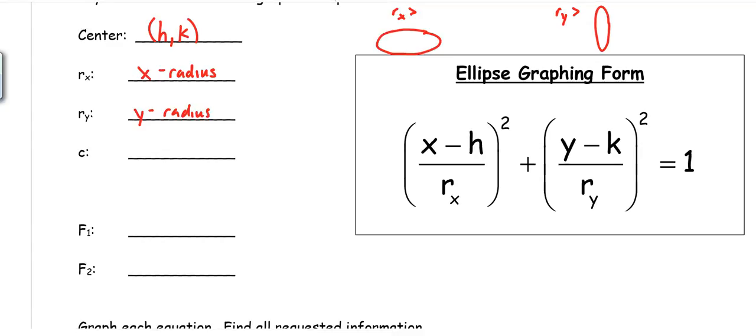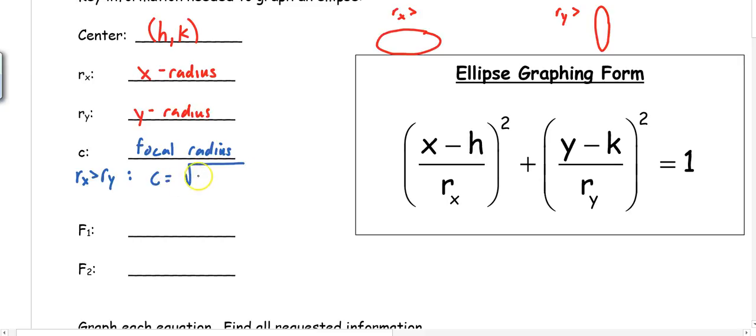C stands for the focal radius. This is how we measure and draw in our ellipse using both of our radii. A focal radius can be found two ways. If the x radius is greater than the y radius, c is equal to the square root of the x radius squared minus the y radius squared.